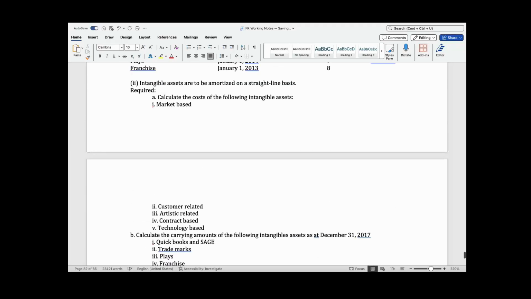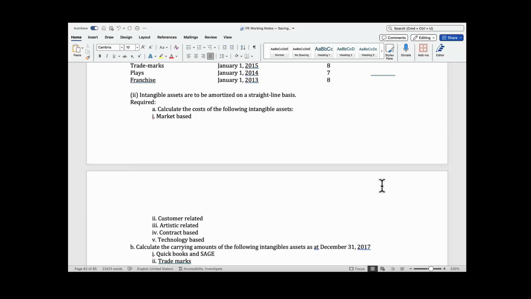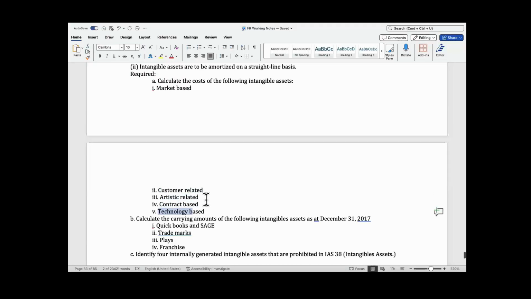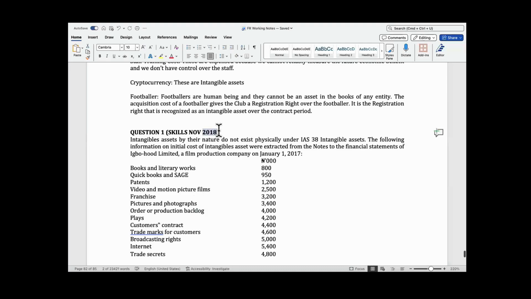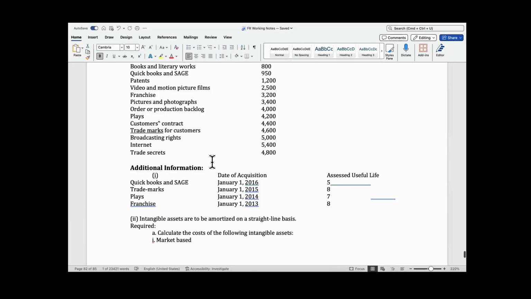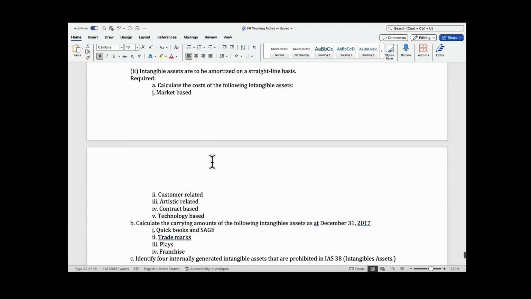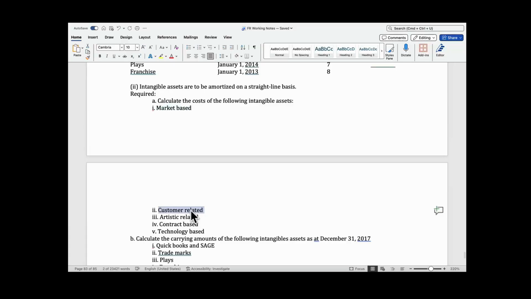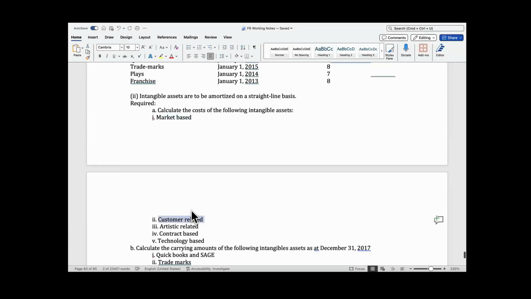I'm sure you would agree with me that I did not teach you this type of classification, and that's because it does not exist within IAS 38. So I really don't know where they got this type of question. It was good luck for our students that diet because they all got bonus. Even when providing the solution, everybody that provided a solution gave different answers for each classification because it's judgment.